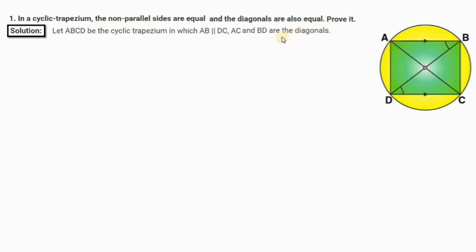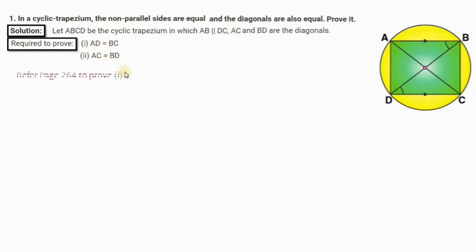Now actually this problem is already done in your solved example. One part you will do by yourself by comparing the problem with your solved example. Here we need to prove that the non-parallel sides, that is AD and BC, are equal. And the second part is that AC and BD must be equal, that is, the diagonals are equal.